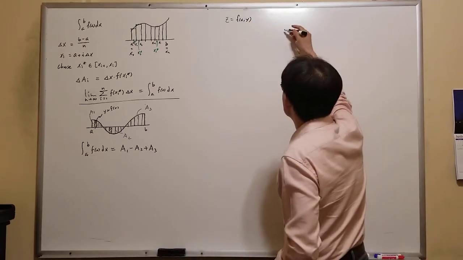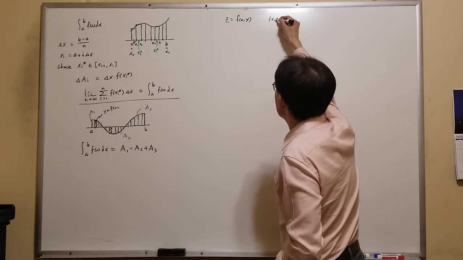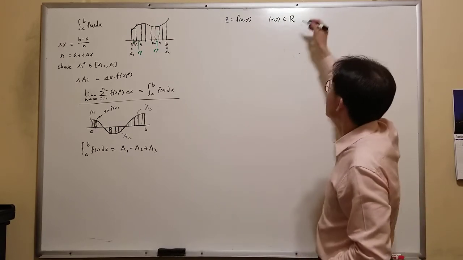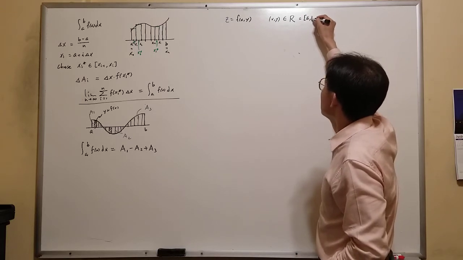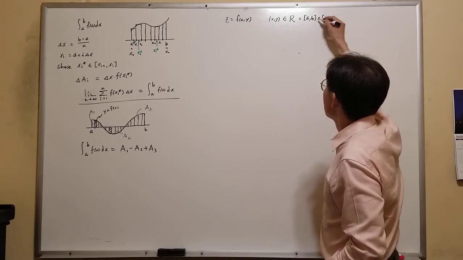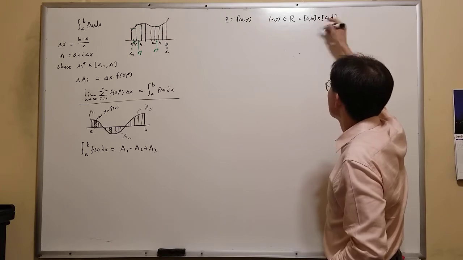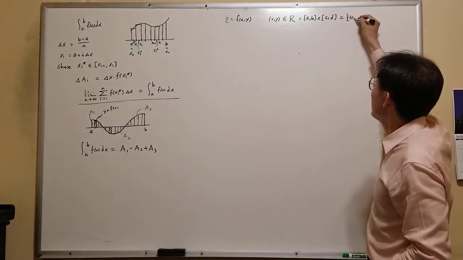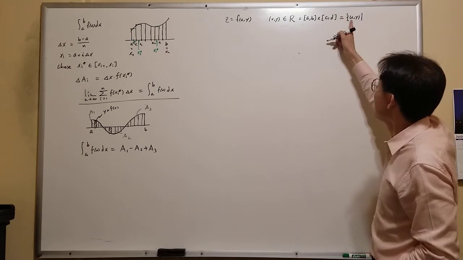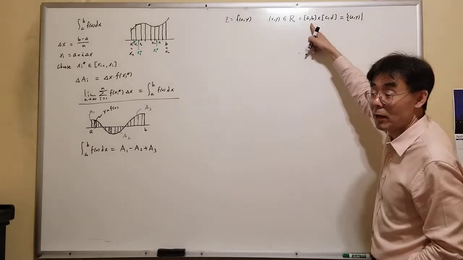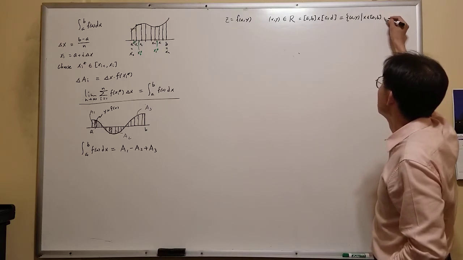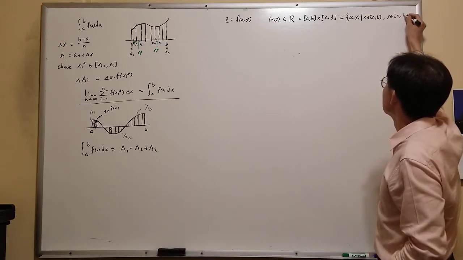Then your xy is in the rectangular region. This is between A and B, direct product C and D. What it means is the collection of all points xy where x is in this interval and y is in this interval.